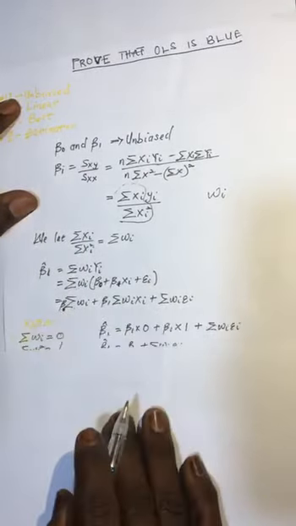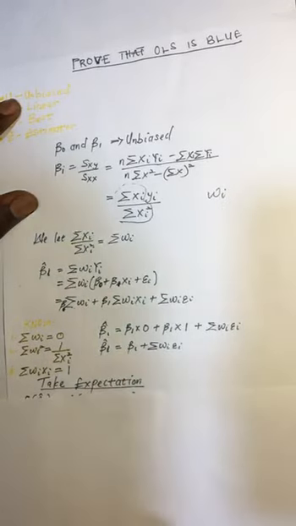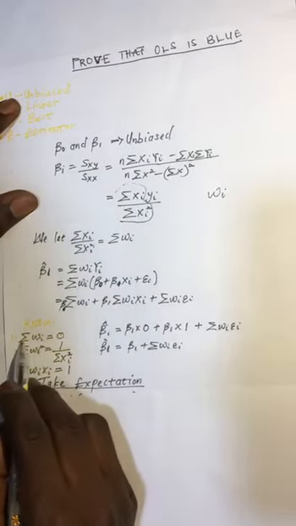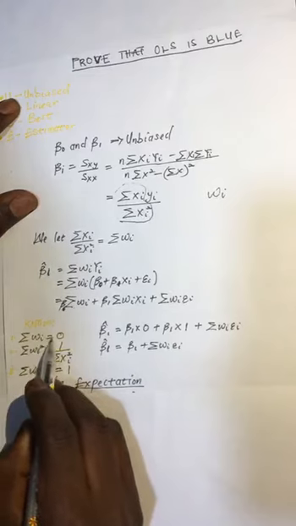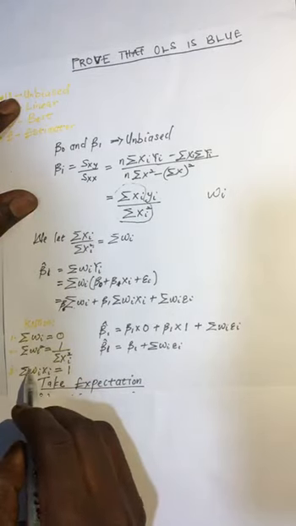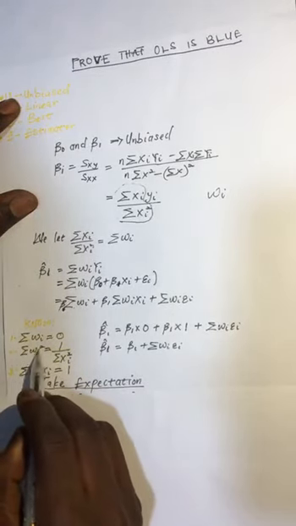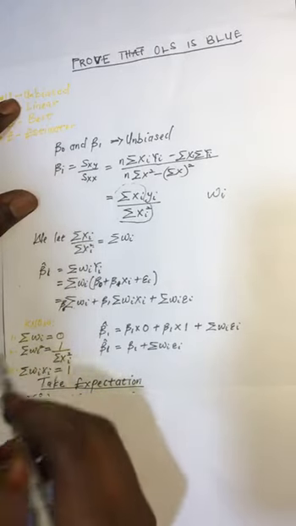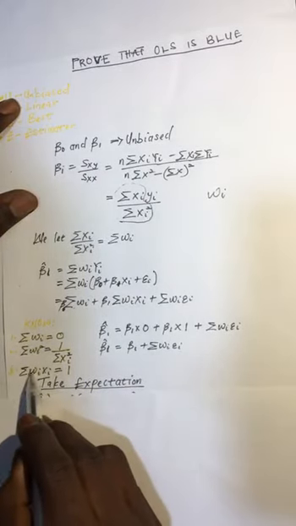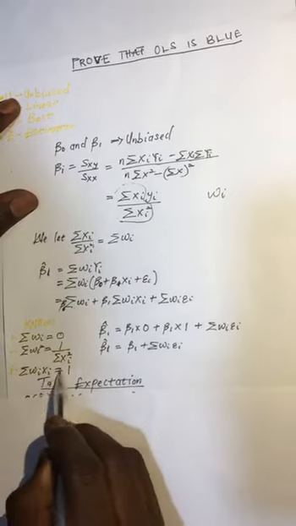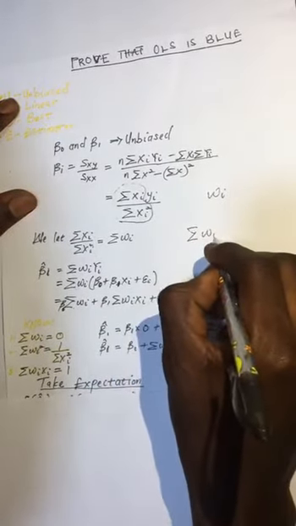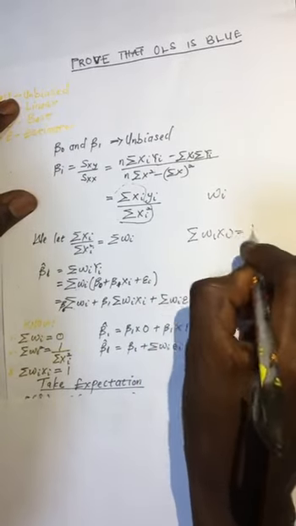Now there are some basic terms that we have to know. The summation of w i will give us 0, the summation of w i square will give us this, and the summation of w i x i will give us 1. This simply means that the summation of w i x i is equal to 1. We can prove this.